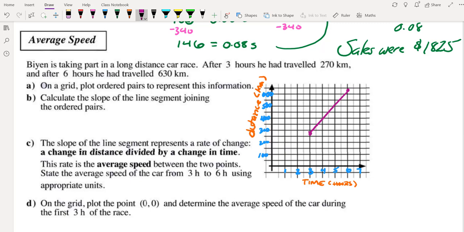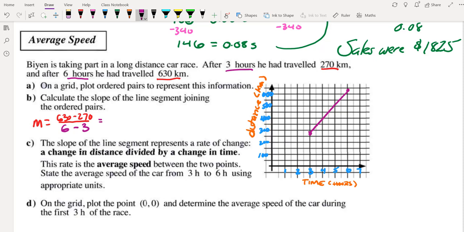So we need to use our slope equation, which is rise over run. And I'll take our second point, which was 630, our y value, minus the y value of our first point, which is 270, divided by the x value of our second point, which is 6, minus the x value of the first point, which is 3.